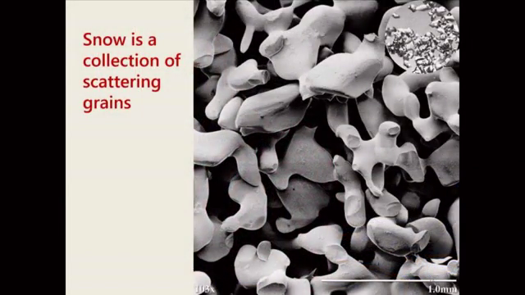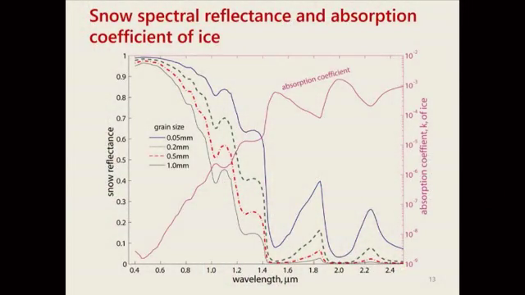But what you can do then is take those properties for scattering from a single grain, and you can do a multiple scattering solution for what's going on in the snowpack. And what you end up with is something that is intuitively pretty obvious.